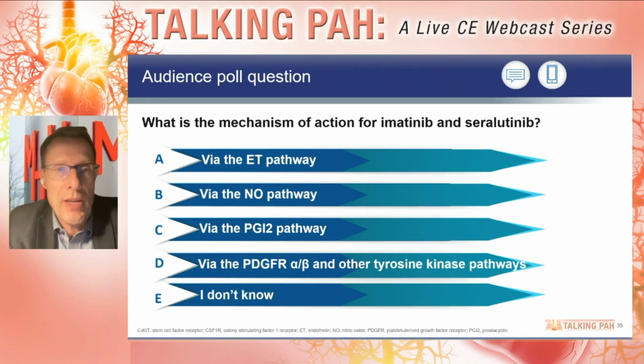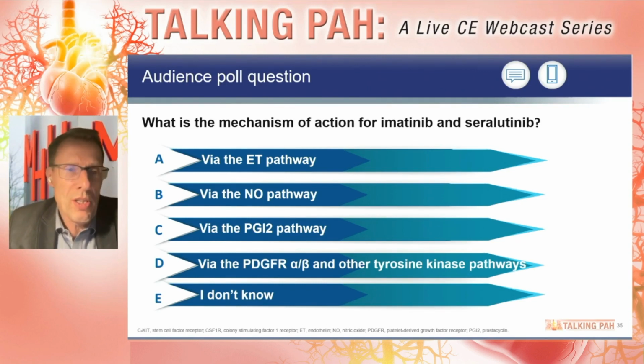Are they acting via the endothelin pathway, the nitric oxide pathway, the prostacyclin pathway, or the PDGF receptor alpha/beta, the platelet-derived growth factor receptor, and other tyrosine kinase pathways, or just the option, I don't know, which should be fine as well. This seems to be too easy here because the vast majority identifies these drugs as tyrosine kinase inhibitors, and this is certainly what they are.